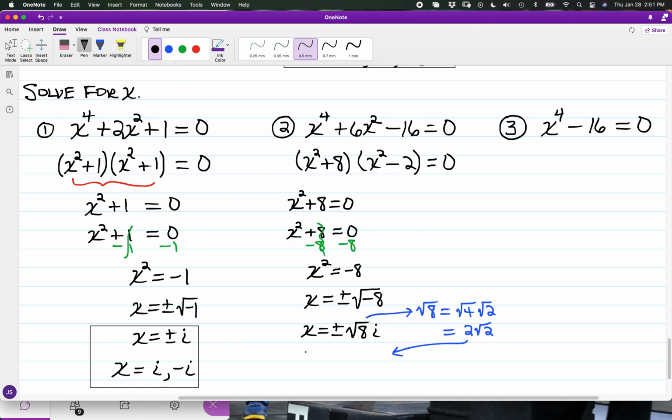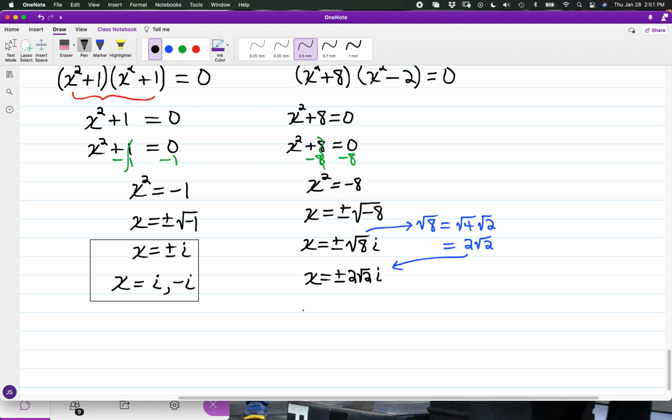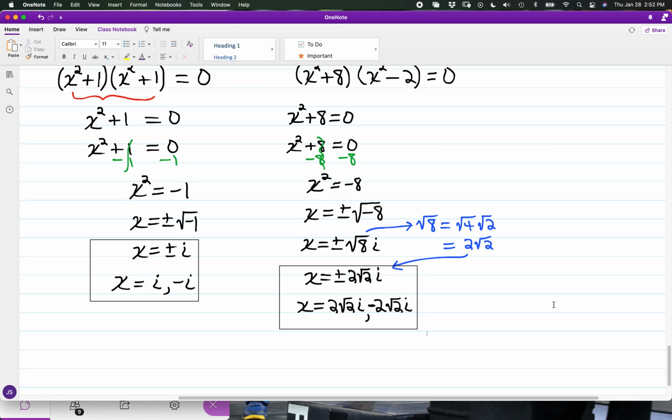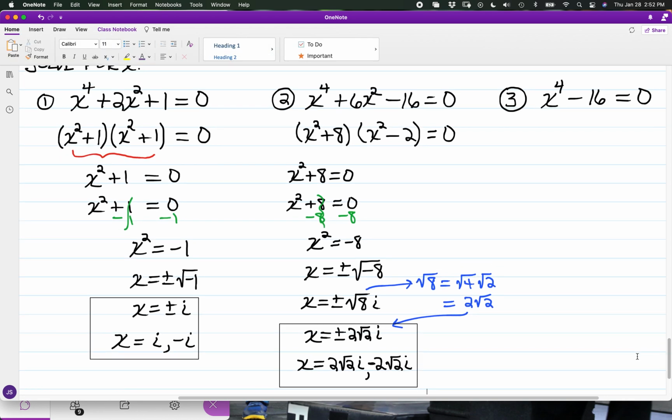So for the complex number solution set I have for x, plus or minus 2 times the square root of 2 times i. And in the notation, you can't have the i in front of the radical.